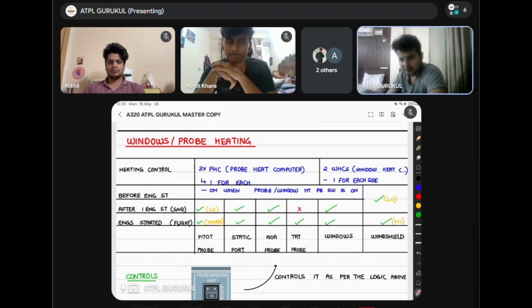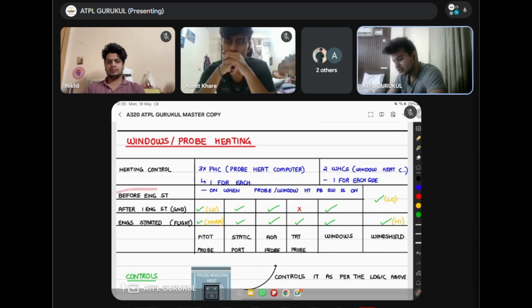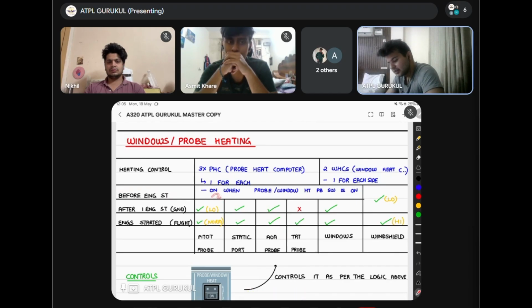Now when you are on the ground, when you are parked on the ramp, your aircraft is electrically supplied by the APU and the APU bleed. Then, before you're starting the engines, none of the probes are supplied. It is only supplied when the probe or the window heat is on.